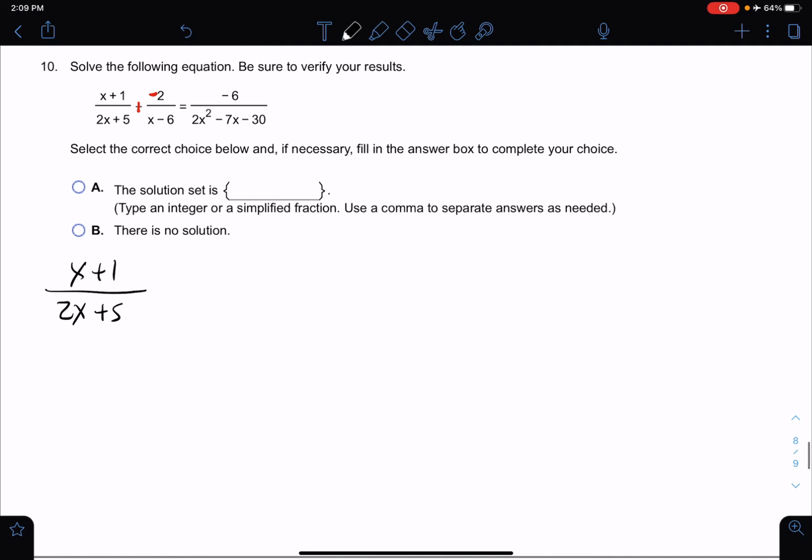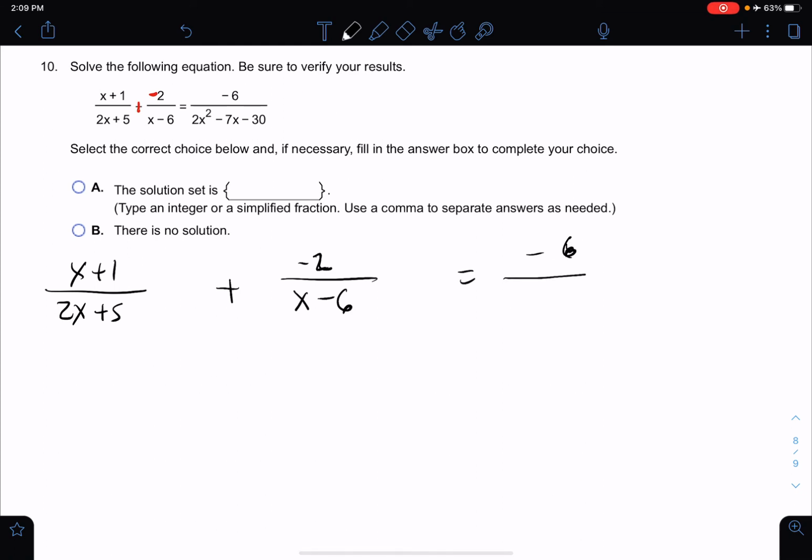Now here I am, I'm going to say plus, and I'm going to give it more space than that, plus, I got a negative 2 over x minus 6 equals negative 6 over 2x squared minus 7x minus 30.